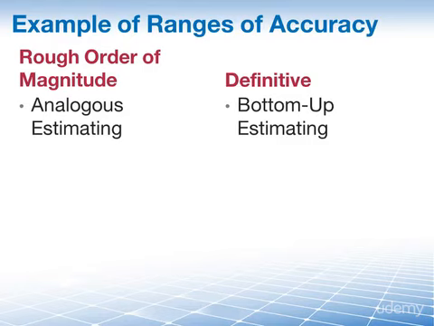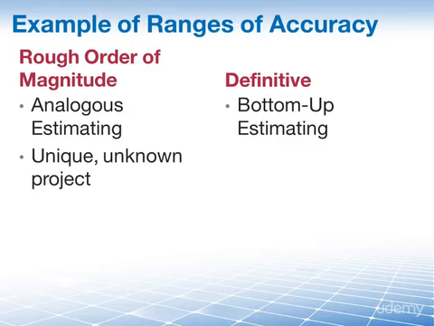We also need to consider how much experience and knowledge we have on this type of project. So use a rough order of magnitude estimate for project, let's call it project X, a unique project, an unknown project, something we've never done before.